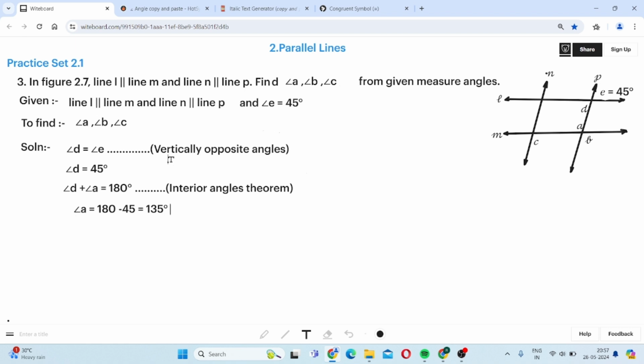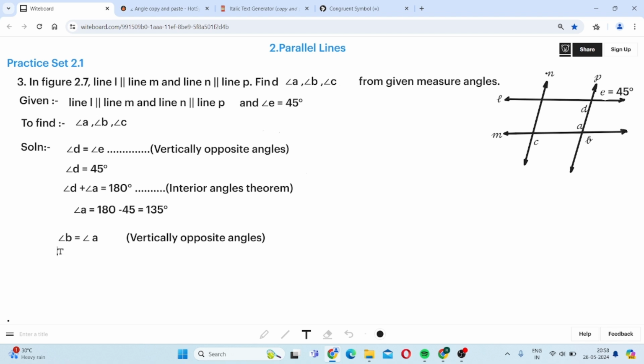Now our second angle is angle B. It is here. Now how to find this? Are A and B related in any way? Yes, they both are vertically opposite angles. So similarly, we can find angle B also. Angle B is equal to angle A, since they are vertically opposite angles.